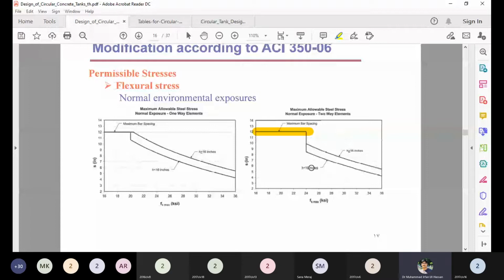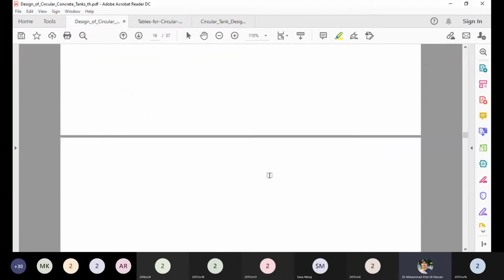Then after that, when the spacing is reduced, you can see the variation. For the 10-inch spacing, the stress is different, and at minimum you can see that Fs is larger than 16. In this curve, Fs is less than 16.